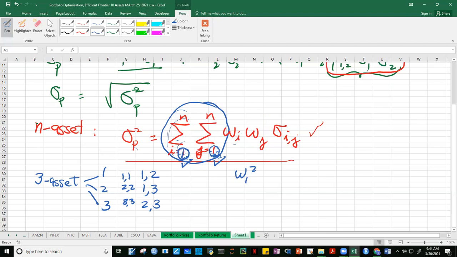W1 squared, right? Correct? Correct, sir. Okay, then this one becomes what? Sigma 1, 1. What's sigma 1, 1? What is the covariance of an asset with itself? It is the variance. Okay?